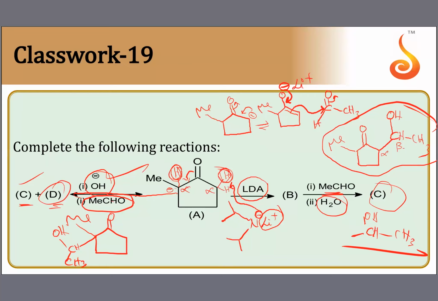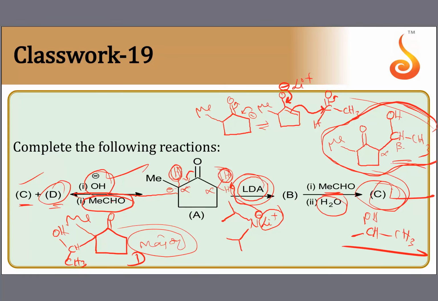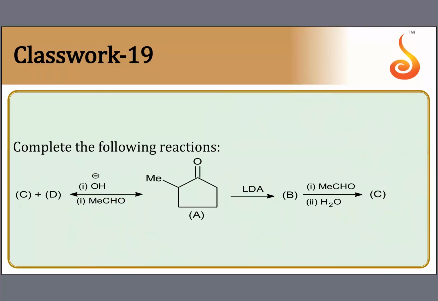This is C. Okay, D is the major product with smaller base. With the larger, bulkier base, this is the major product. This is undergoing nucleophilic addition reaction. So these reactions are due to the acidic nature of alpha carbon, no? Children? Yes.